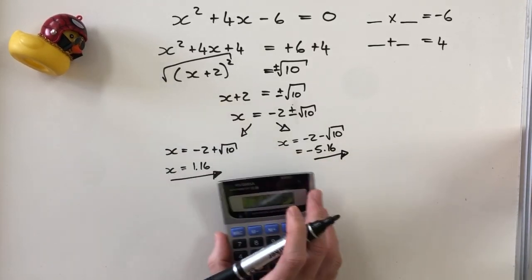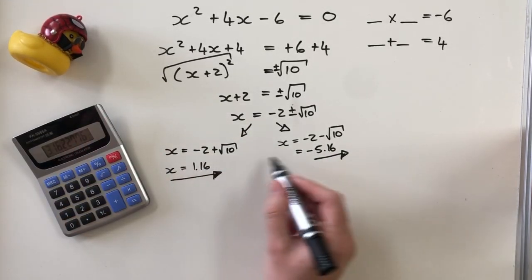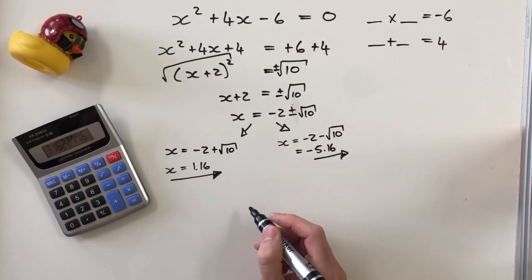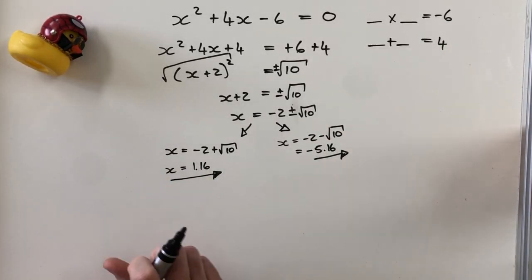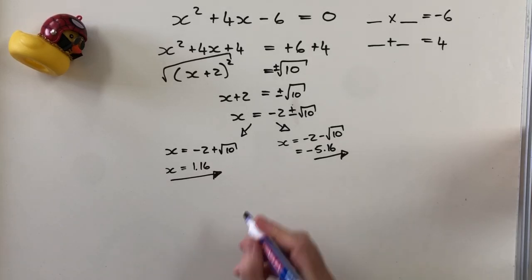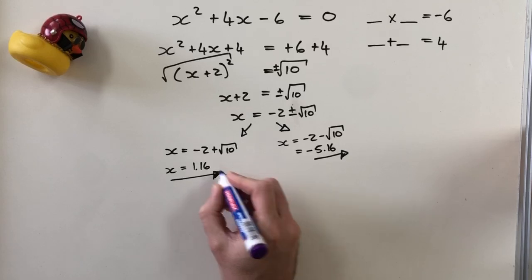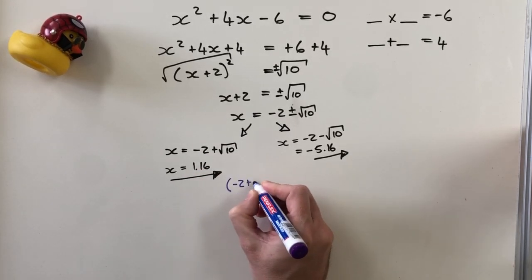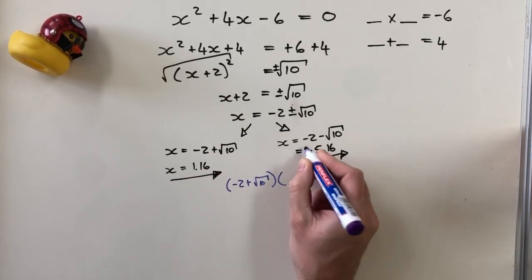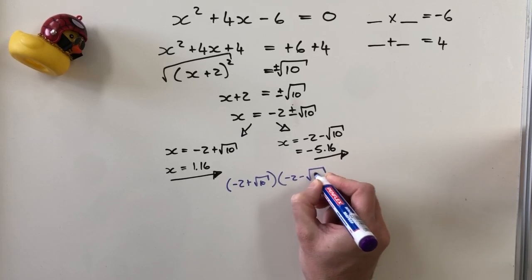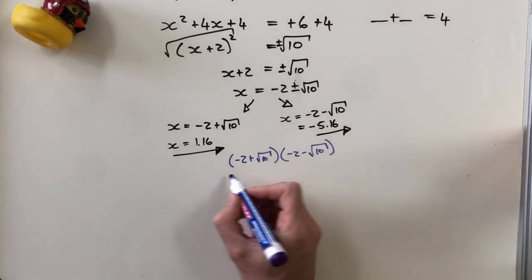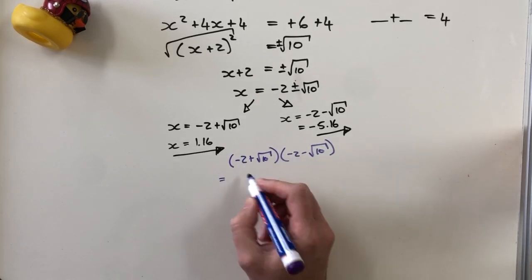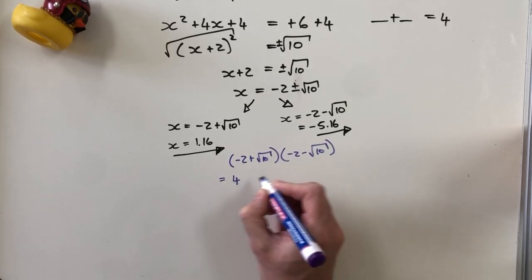Now, if I were to multiply these two numbers, I would actually get -6. My calculator isn't good enough for that, so we'll do it by hand. I'll take -2 plus the square root of 10 times -2 minus the square root of 10. Negative times negative, 2 times 2 is 4.